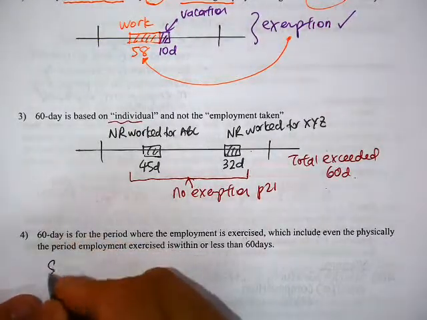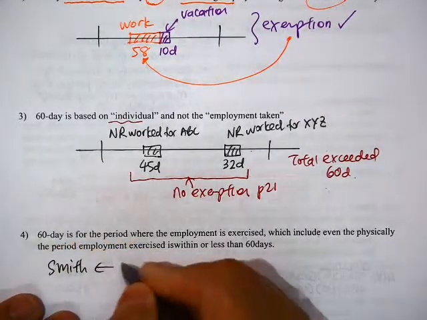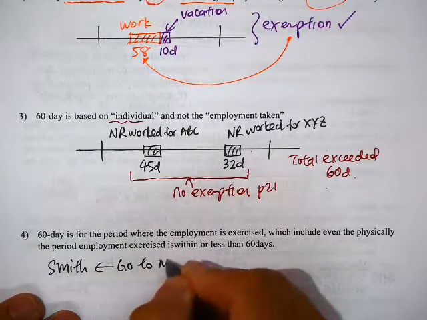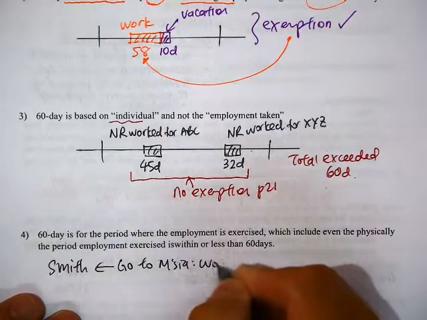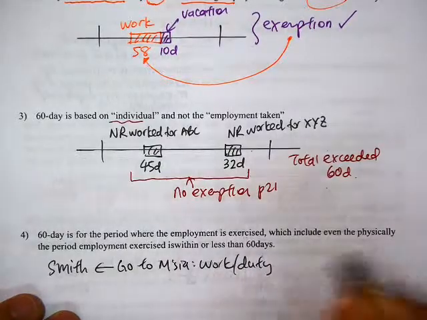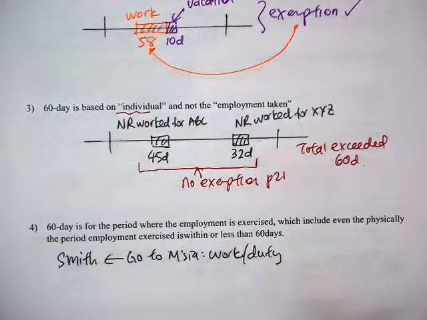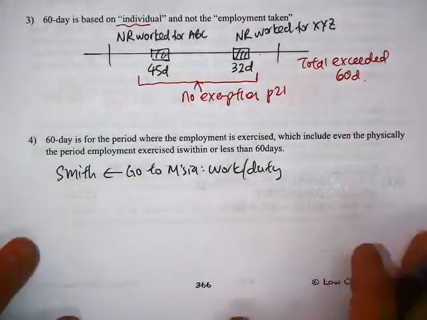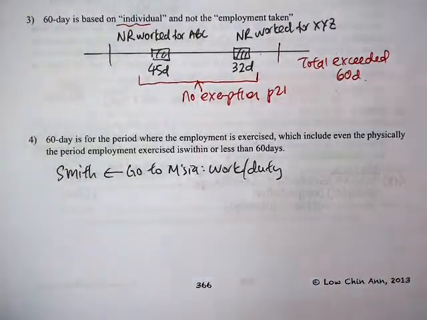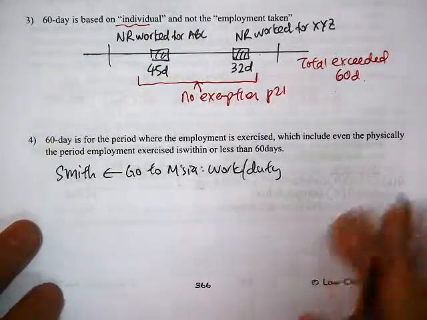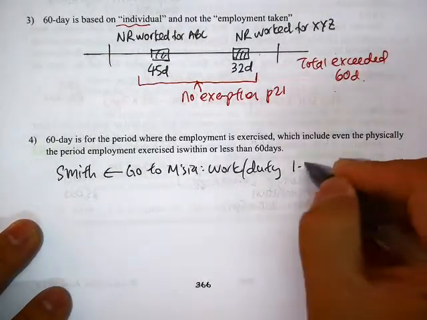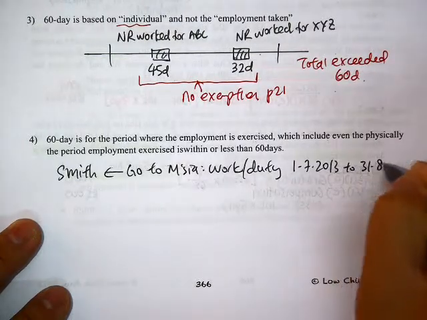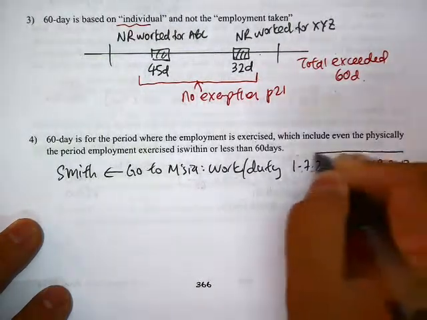For example, we have Smith. He's supposed to go to Malaysia for his work or duty. The work or his duty will be for a period from, let's say, 1st of July 2013 until 31st August 2013.